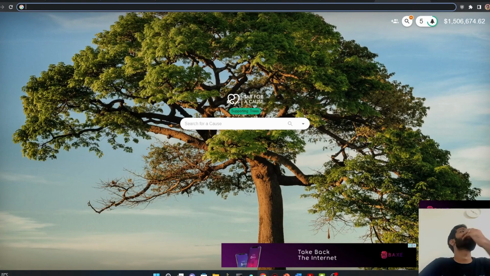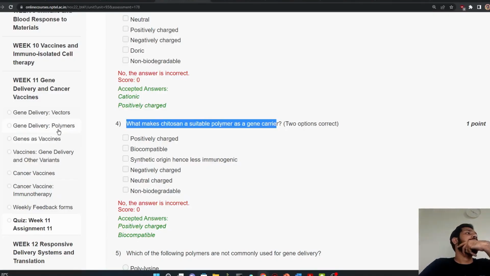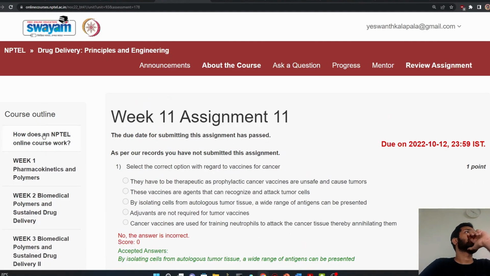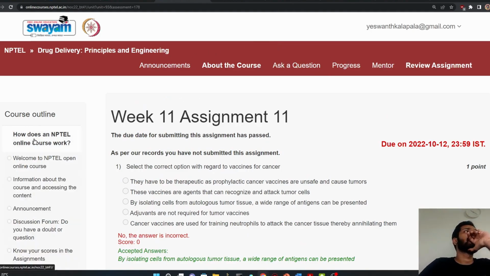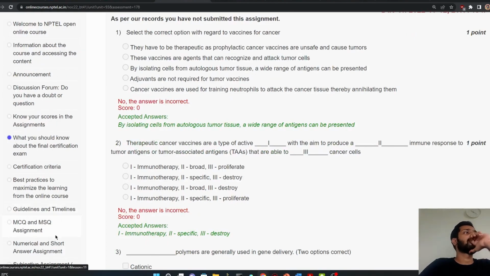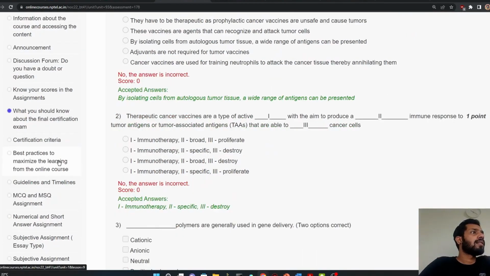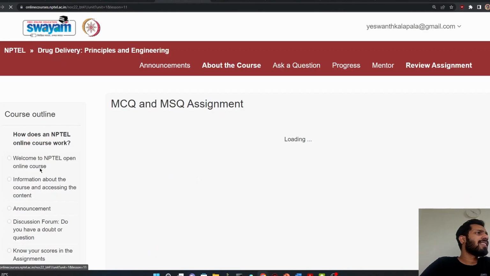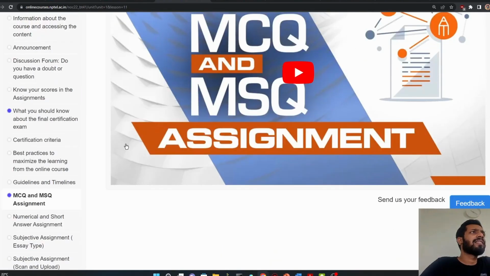Sir, one doubt regarding the essay-based questions. On the website it was written that it's an MCQ online-based exam, then in brackets it said essay-based. What sort of questions will they ask? MCQ, fill in the blanks and essay-based.